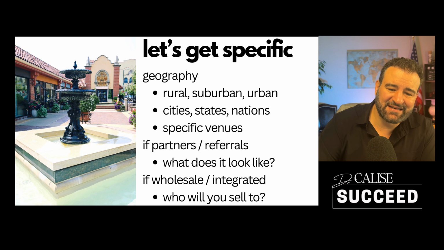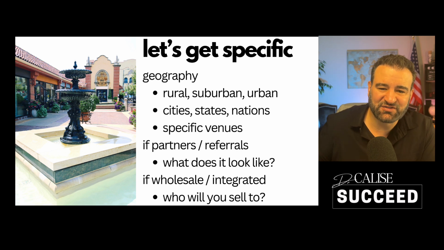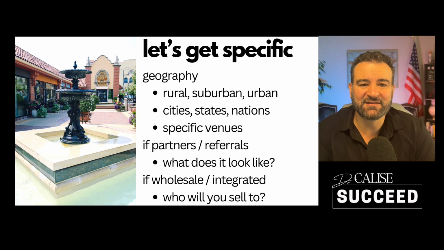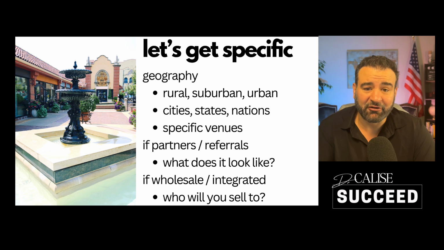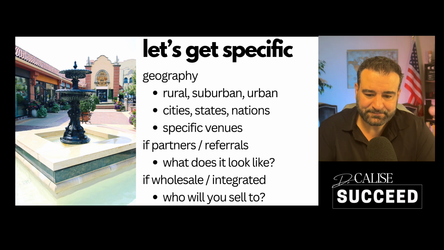I'm going to service the outer ring of the suburbs of an area and save money on distribution. Obviously we see what Walmart did. That was one of their primary moves, geography. They wanted to go to an area that's a lot cheaper, and they knew that could help save money down the road.